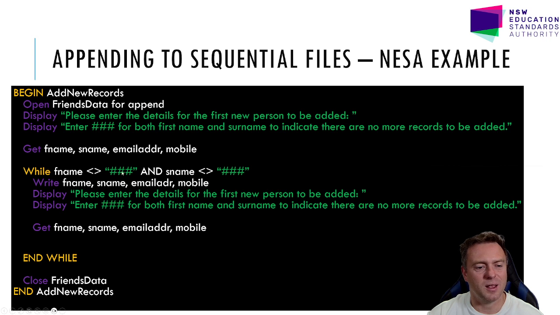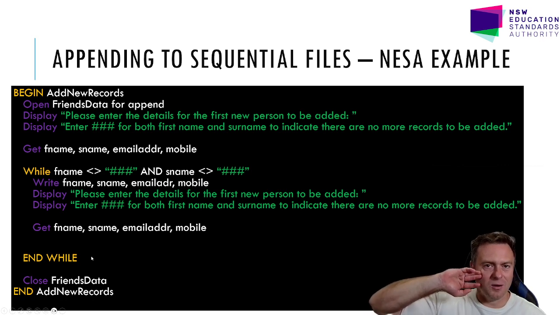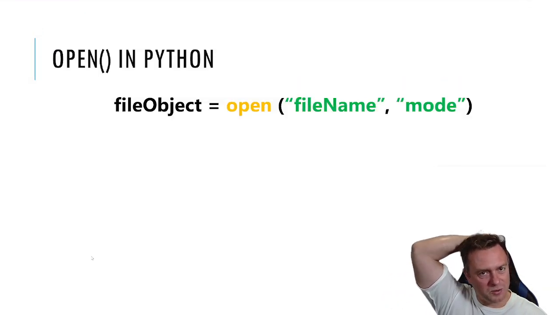And then while fname is not equal to hash hash hash and sname is not equal to hash hash hash, you write fname, sname, email address, and mobile to the file. Display, please enter the details of the next new person to be added, and then you go through that process again. You keep going until you enter hash hash hash, and then it ends the while. So that's a neat sort of way of adding to a sequential file.